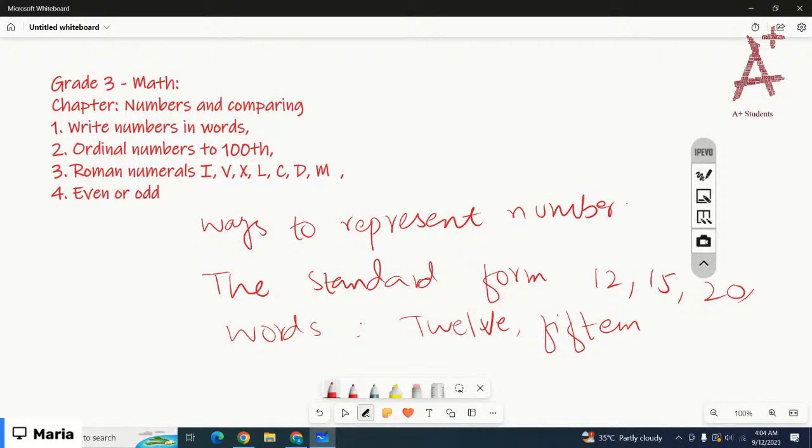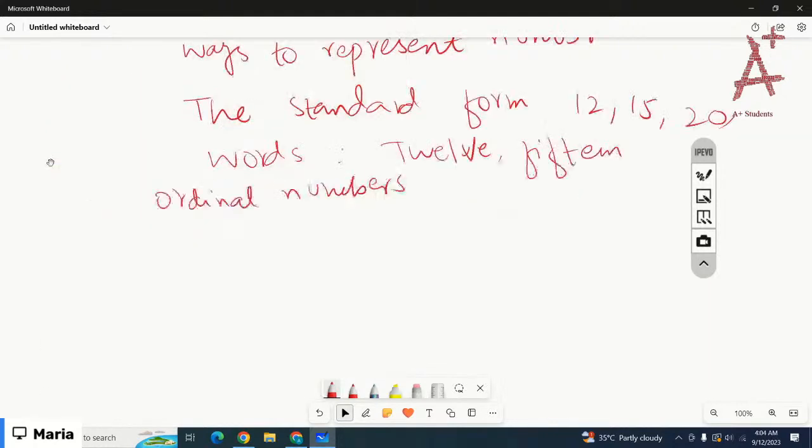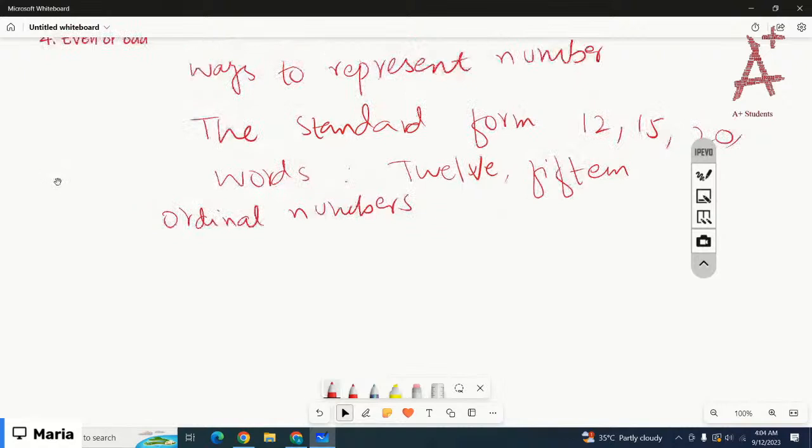Then you have the ordinal numbers. And you have Roman numbers also. They are another way to represent the numbers. What are ordinals?